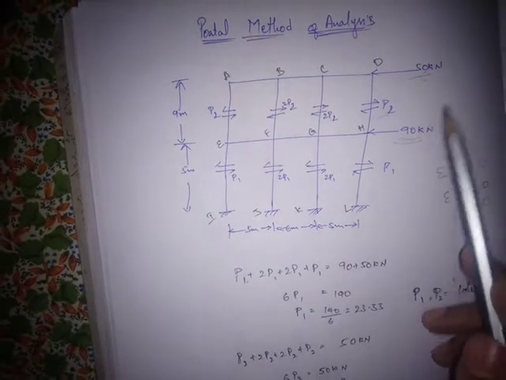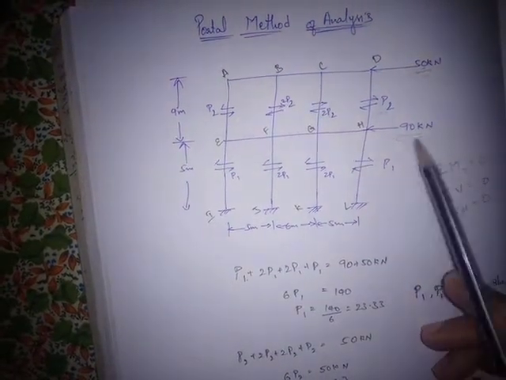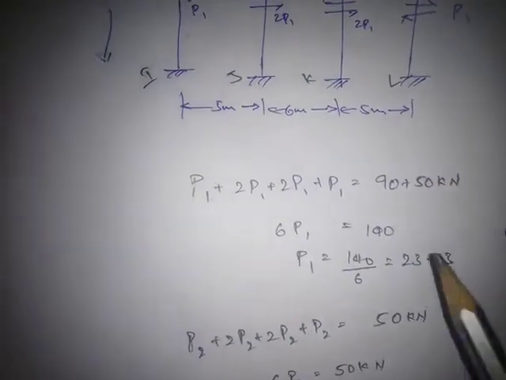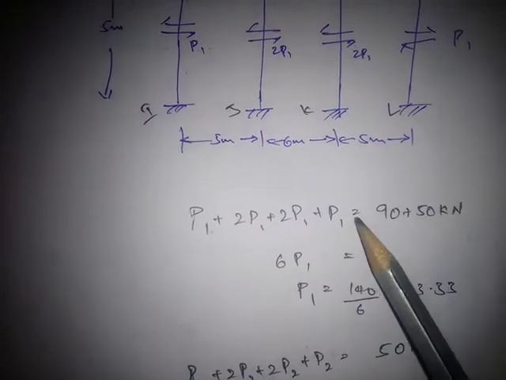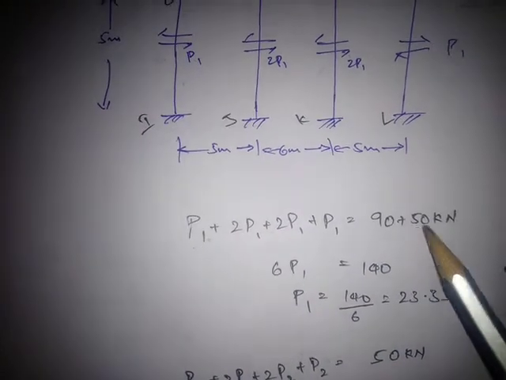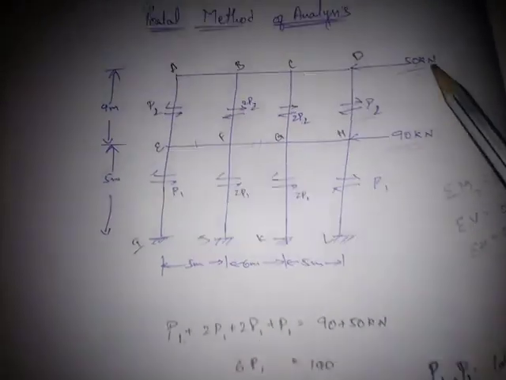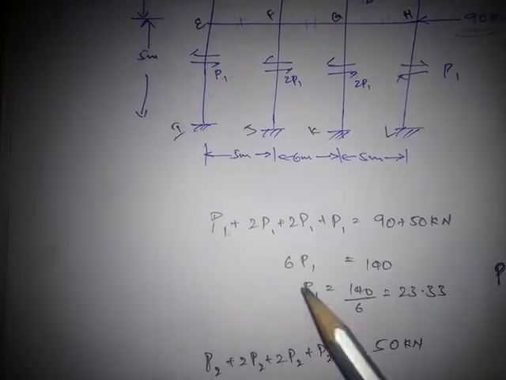For the bottom story, both the 50 kilonewtons and the 90 kilonewtons are active. So first we calculate P1: P1 plus 2P1 plus 2P1 plus P1 is equal to 90 plus 50, so the total is 140 kilonewtons.